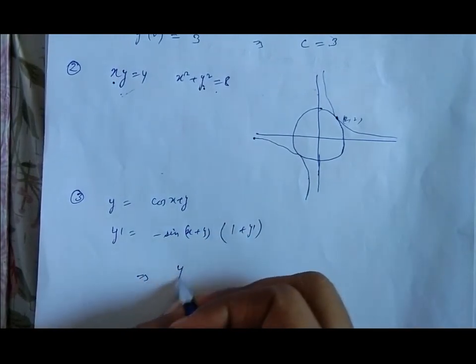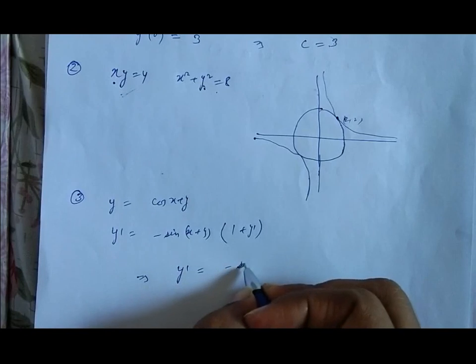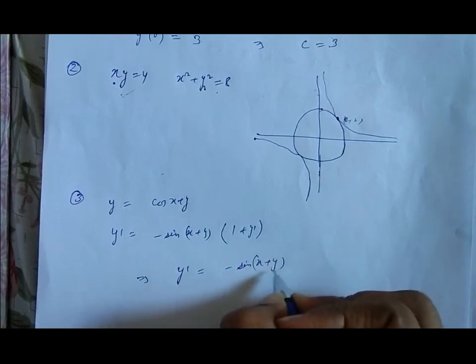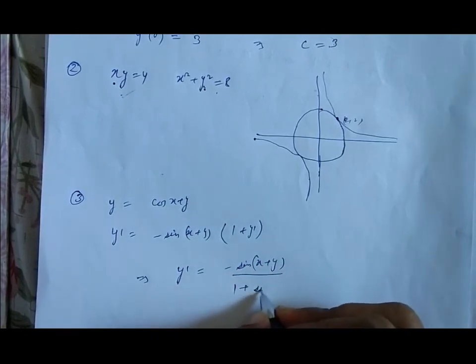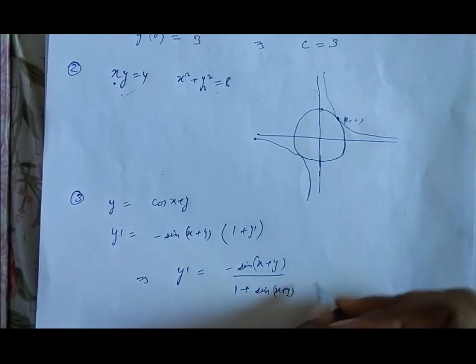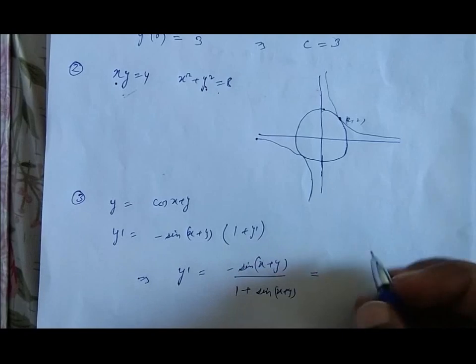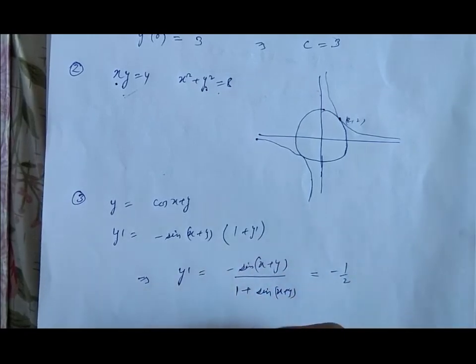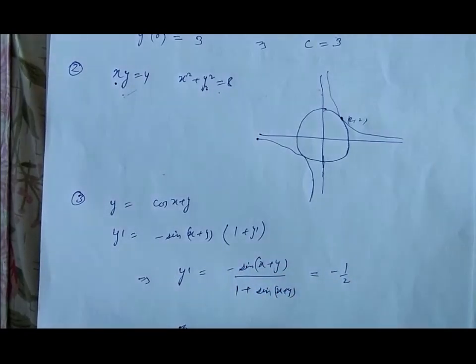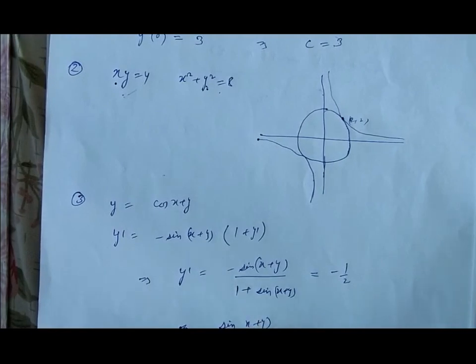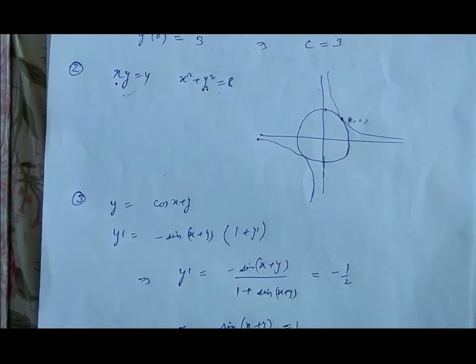So calculating y dash, we get minus sin of x plus y upon 1 plus sin of x plus y. So this should be equal to minus half. So this implies sin of x plus y is equal to 1.